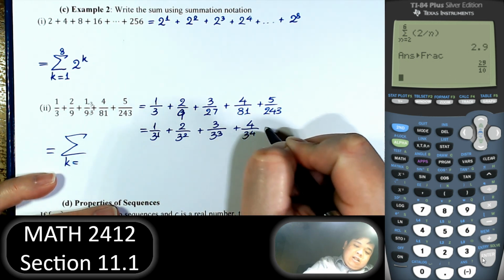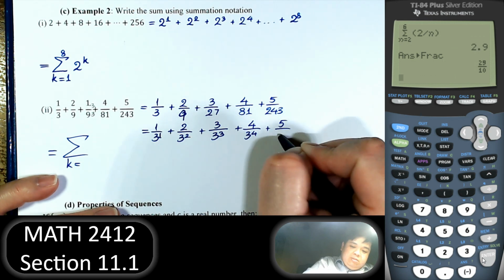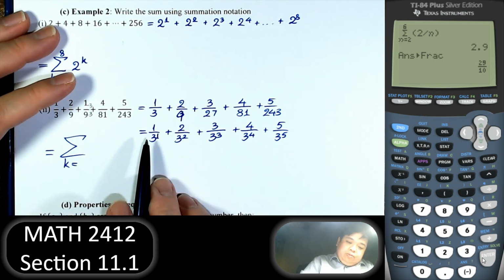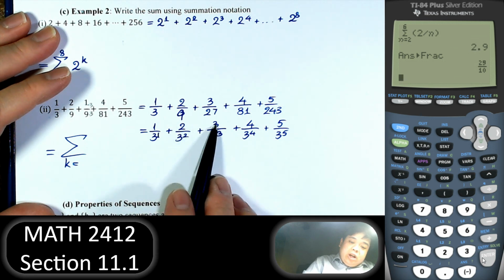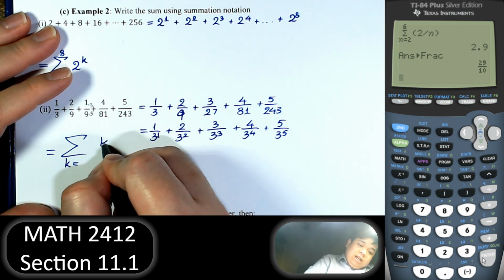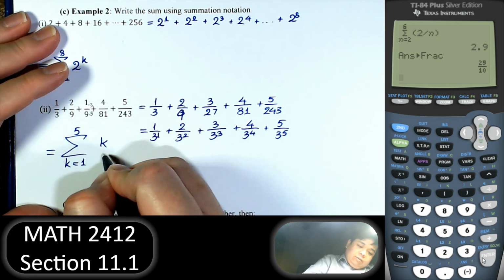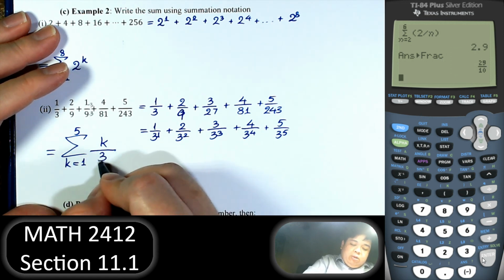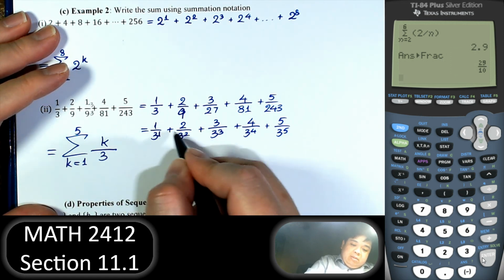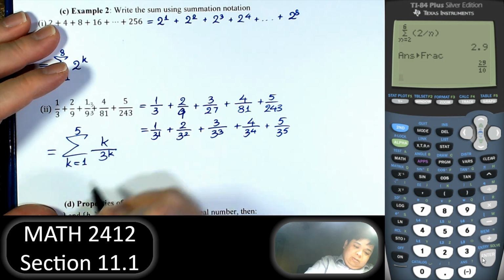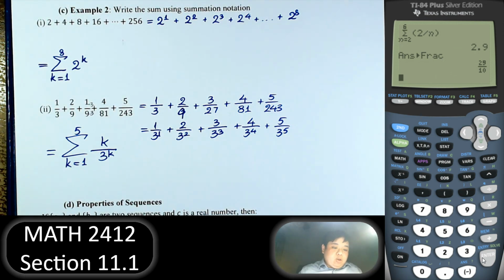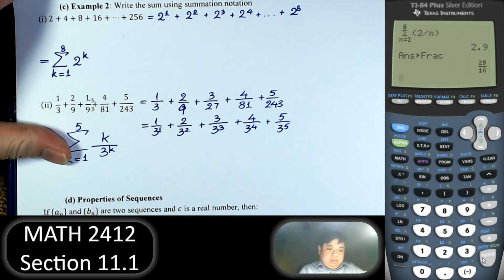And we can see that it goes like that. So the top number changes from 1 to 5, so we can say k goes from 1 to 5. At the bottom we have 3 to those power, the same as the top. So that's what we have as summation.